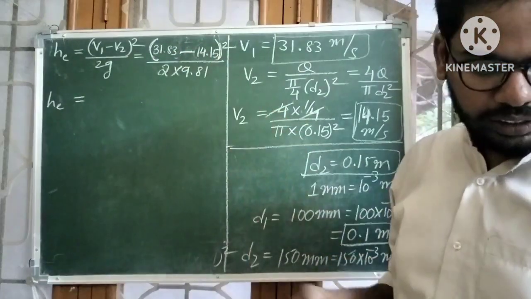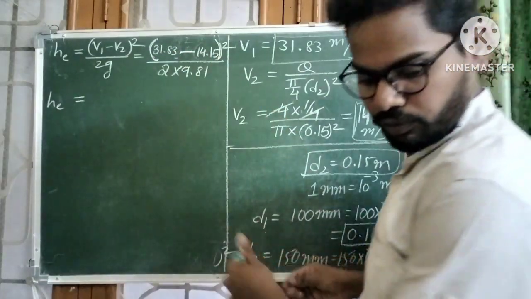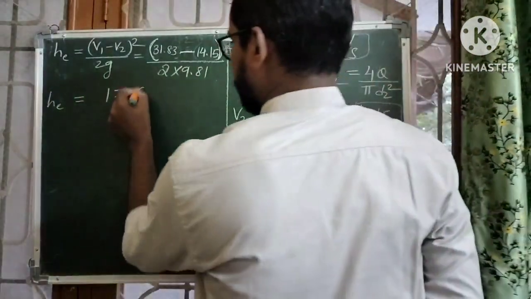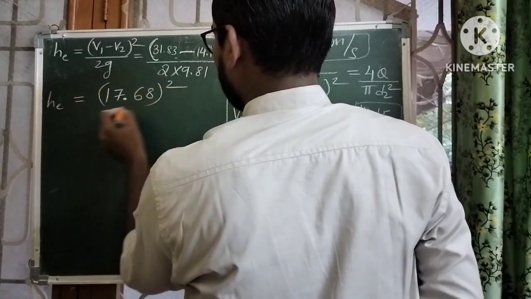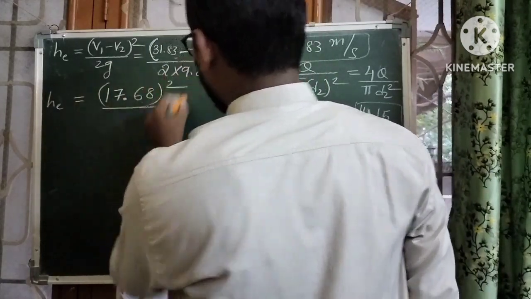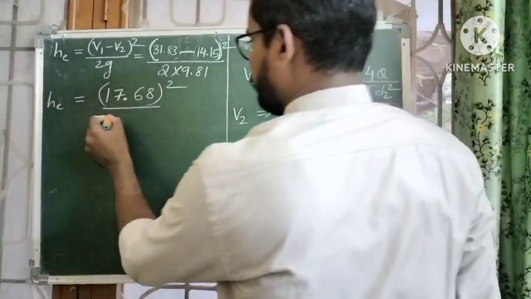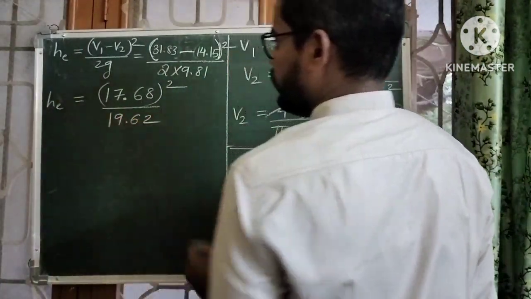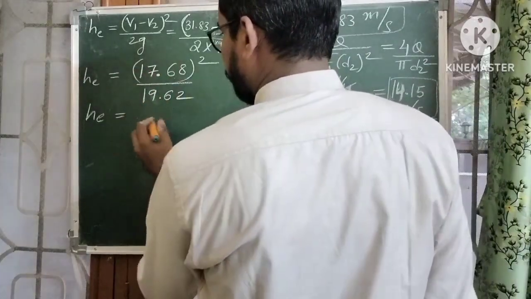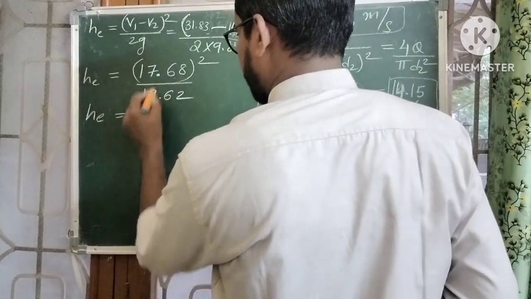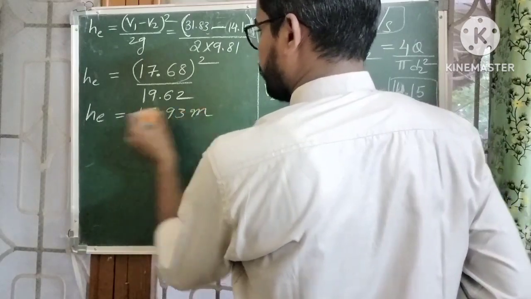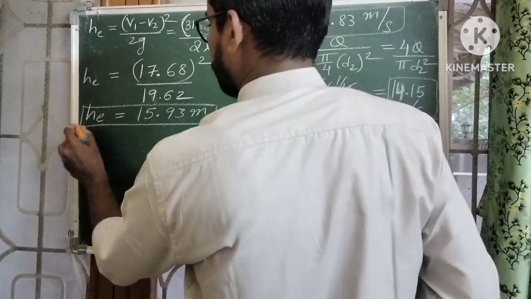If you calculate this value, 31.83 minus 14.15, you will get 17.68. 17.68 whole square by, and here 2 into 9.81, you will get 19.62. So if you calculate this value, you will get the final answer 15.93 meters. This is head loss due to sudden enlargement.